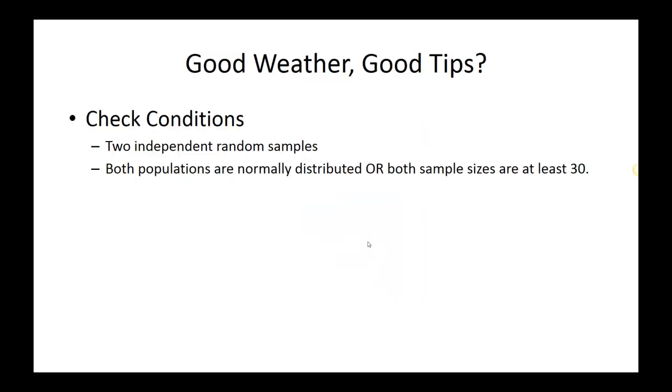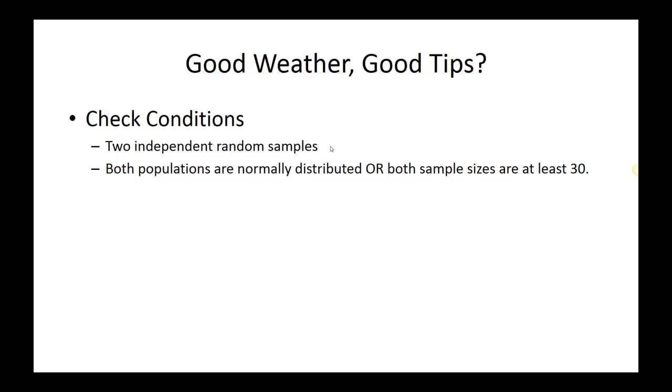All right, once we've described the data, we're ready to check the conditions to see if we're ready to go ahead and analyze the data. For a 2-sample independent mean test, there are 2 conditions. First, both samples must be independent random samples, and second, both populations are normally distributed or both sample sizes are at least 30.